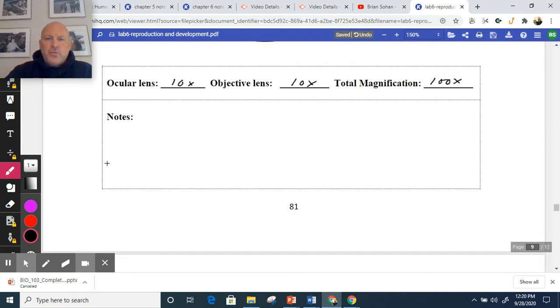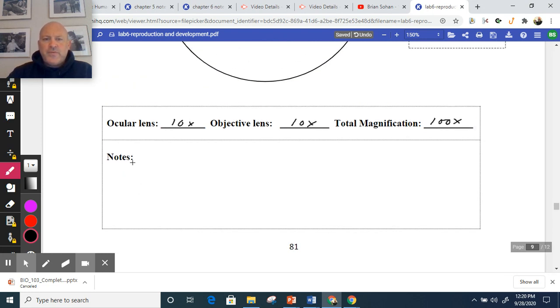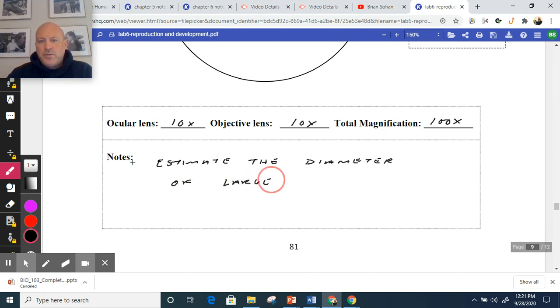All right, so when you do this, you're going to use your field diameter for low power, 1800 micrometers, to estimate the diameter of the large Graafian follicle.